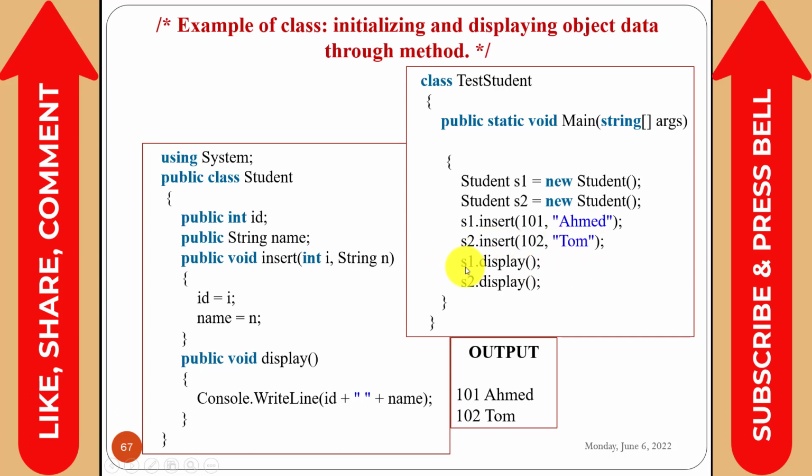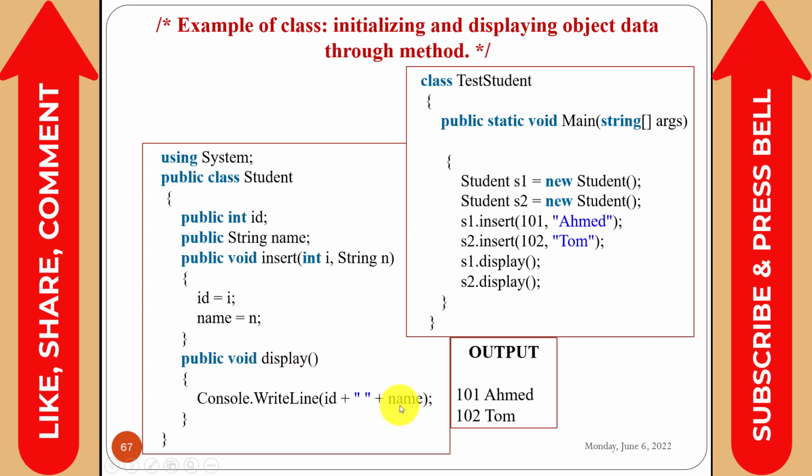And then S1.display and S2.display. For S1.display, the memory assigned for S1, it will take the value from the data members of S1. So S1.id and S1.name have the values 101 and Ahmad. So these values will be displayed. The data members give the values to id and name. This id and name will receive the values for s1.display.